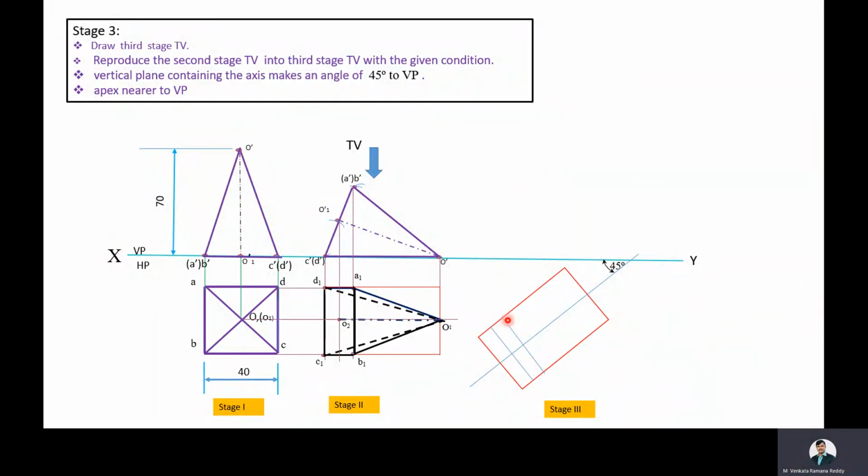Then this is A1 and this is B1, this is D1 and this is C1, and this is going to be O1. Here we are considering that the apex of the pyramid is nearer to the vertical plane.